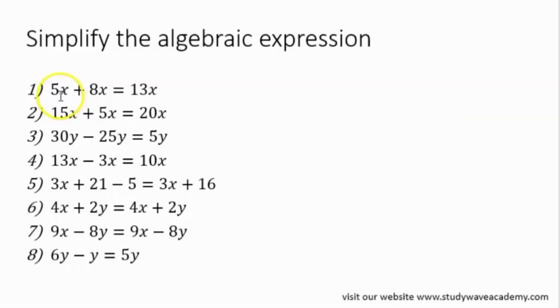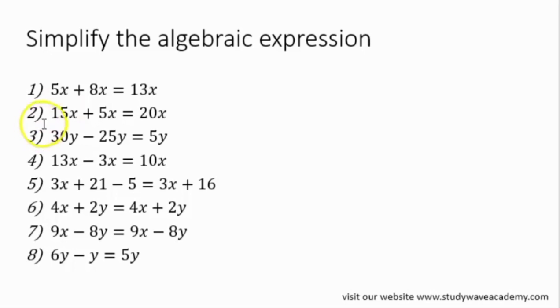What are we going to do? It's easy. We are just going to add 5 plus 8. When we add 5 plus 8, our answer is 13, and we have our x there, so we have 13x. Very good.